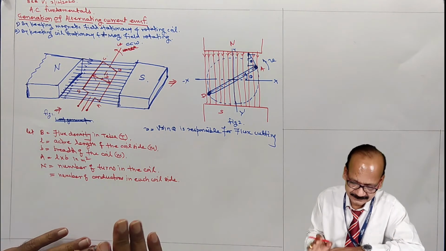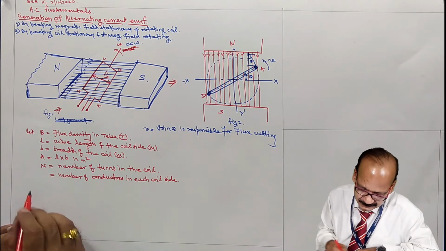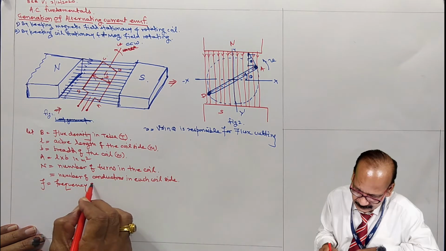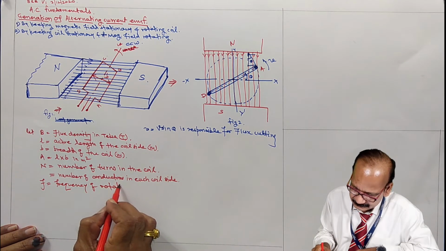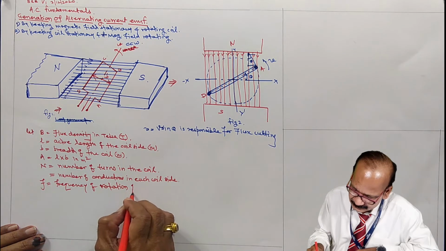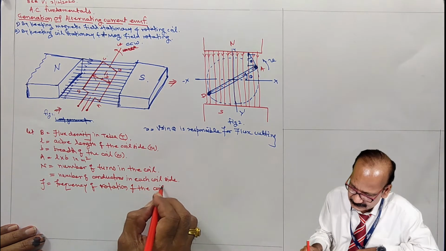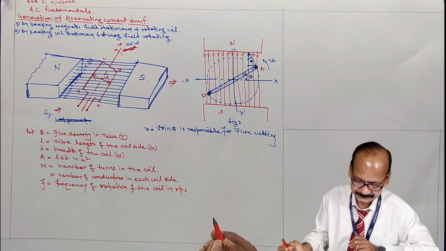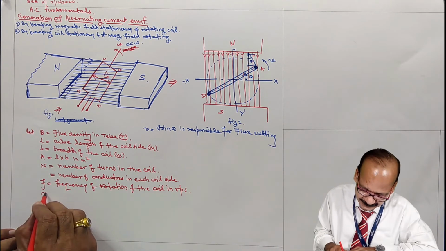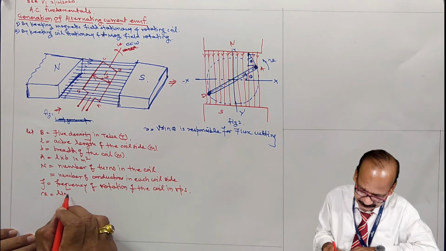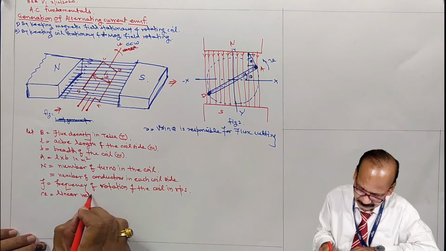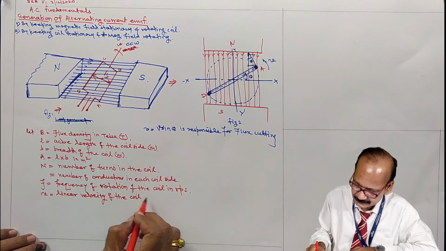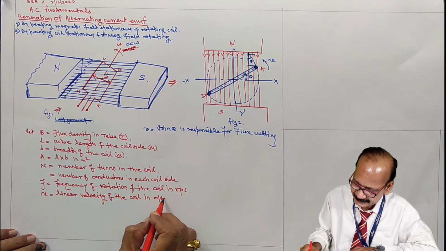The two coil sides make one coil. f is the frequency of rotation of the coil in revolution per second, RPS. And v is the linear velocity of the coil in meter per second.